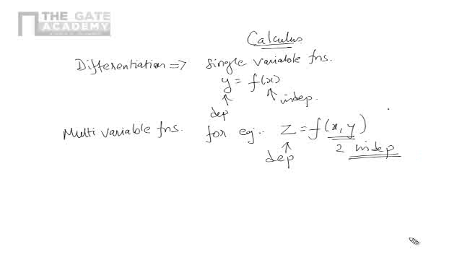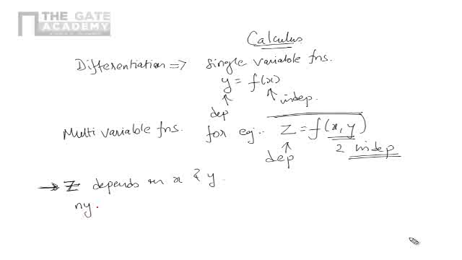What do I mean by this exactly? If I have to write it in English language, what does it mean? Z depends on x and y. Okay? So if I go on analyzing this statement, what do I get?